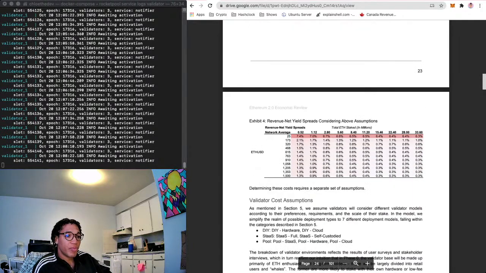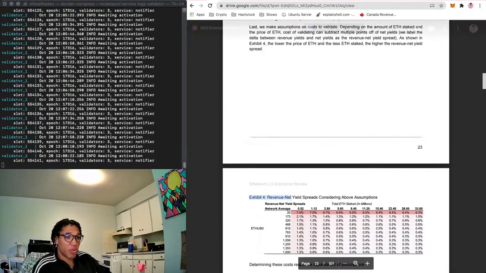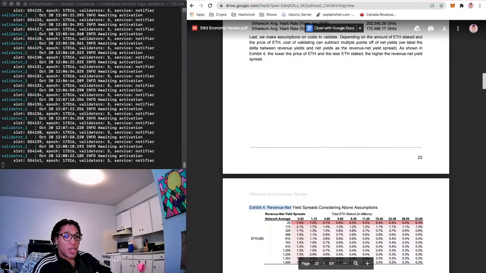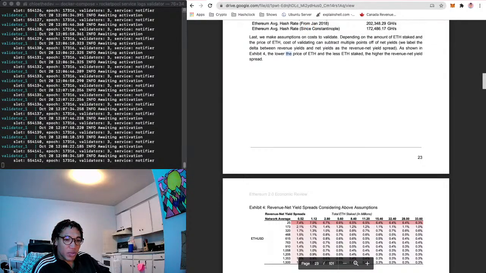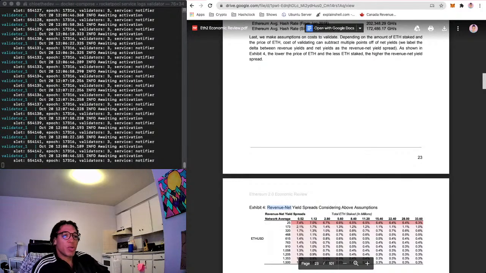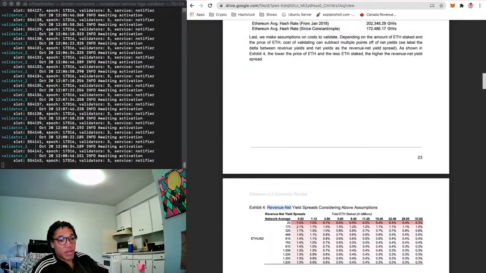Okay. Exhibit 4 is right here, so let's open both of these together. As shown in Exhibit 4, the lower the price of ETH, and I think the price is here. I can't highlight, but the price is on the left-hand side of the bar. The lower the price and the less ETH staked, which would again be to the left, the higher the revenue net yield.